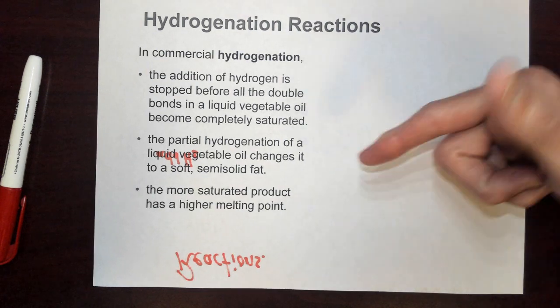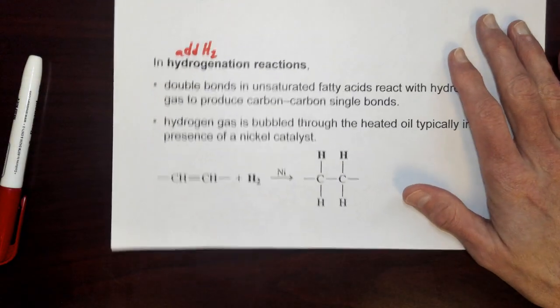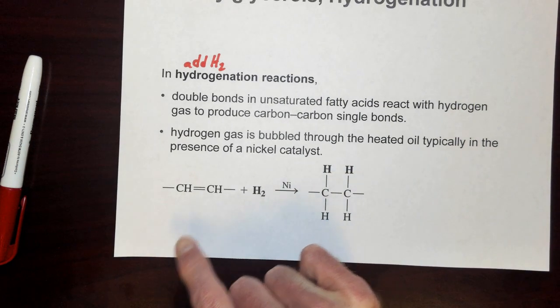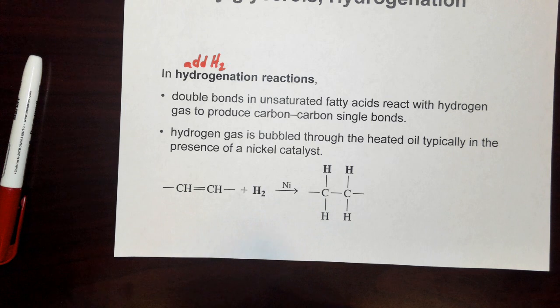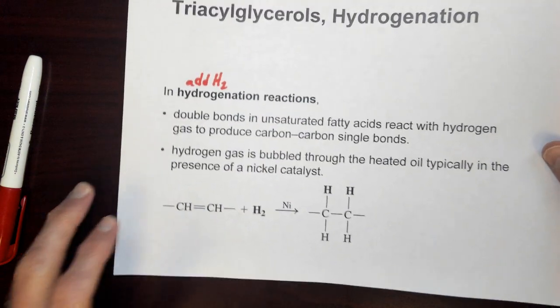But you're hydrogenating the oil, which simply means you are just adding hydrogen across the double bonds in that chain. Okay, and they do it partially, not all of the double bonds, so that they get that semi-solid consistency.